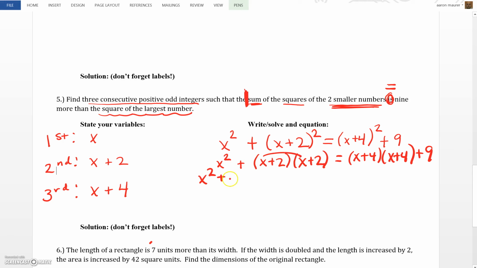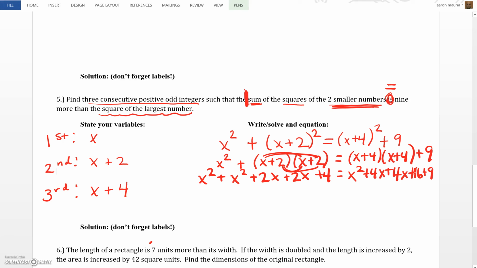So when I multiply this out, x squared plus 2x plus 2x plus 4. And then I have some simplifying over here that I'm going to do as well. So I get x squared plus 4x plus 4x plus 16 plus 9.